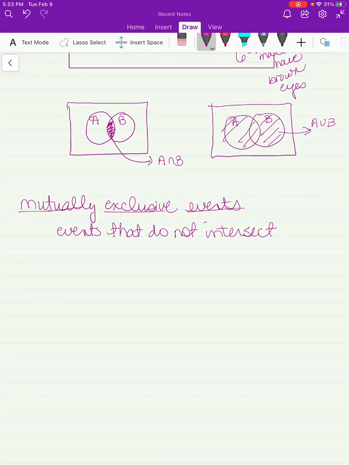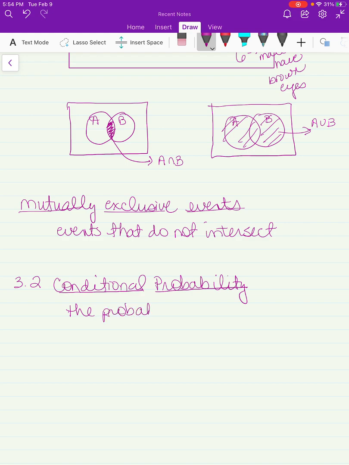And now I'm going to go back to section 3.2, which is conditional probability. Conditional probability is the probability an event will happen.